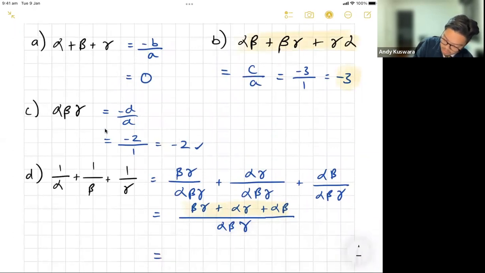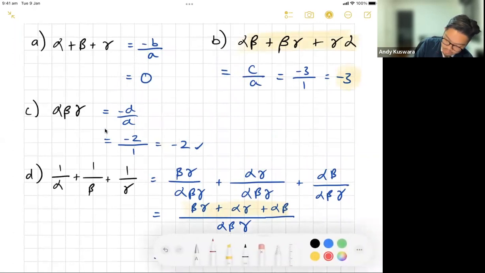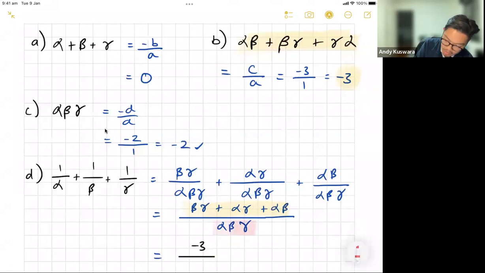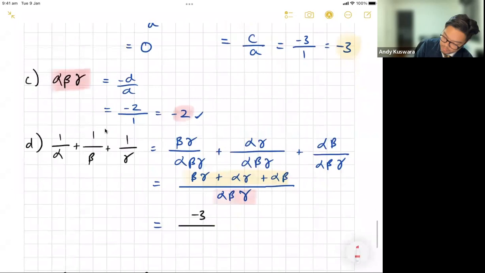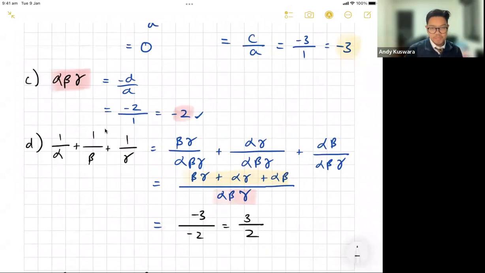Okay, so that's going to equal minus 3. And alpha, beta, gamma. Let's highlight here so you can see this alpha, beta, gamma part there is exactly what we found out before, and we found out it's negative 2. So it's going to be negative 3 all over negative 2, and that becomes just 3 on 2, or 1.5.